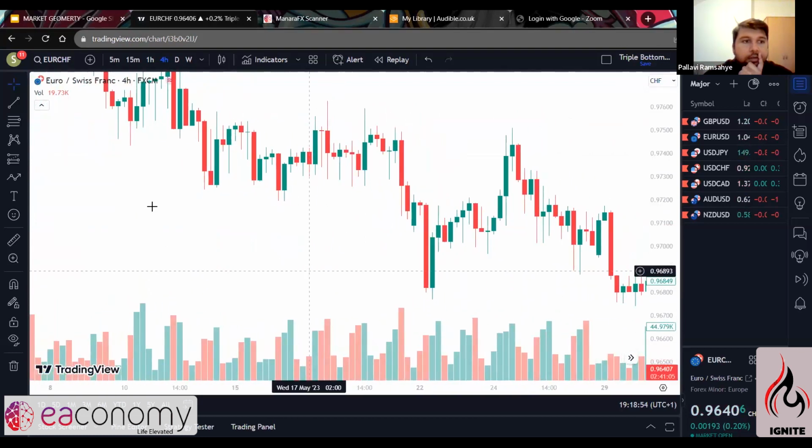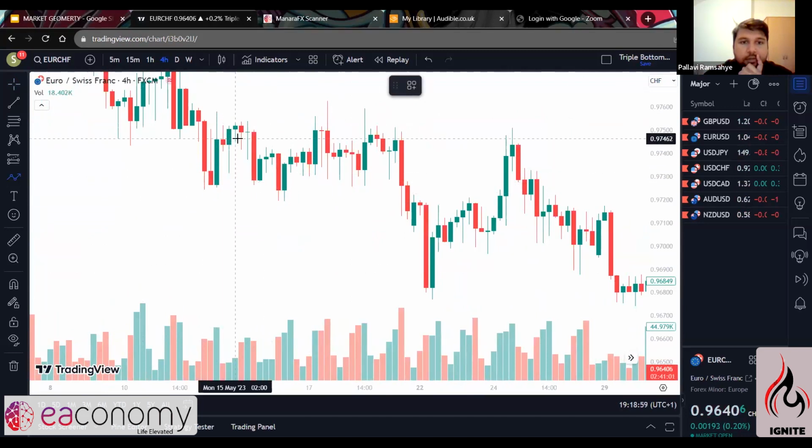So let me draw this out. So 1, 2, 3. Okay. So remember the distinguishing factors that we're looking for is the 3 swing highs. So I can see one here, and then the 2 support points.